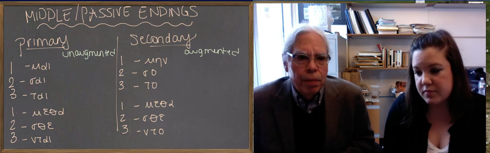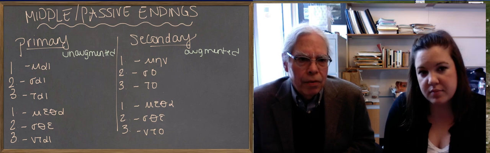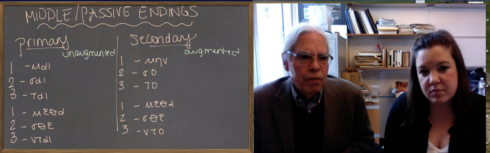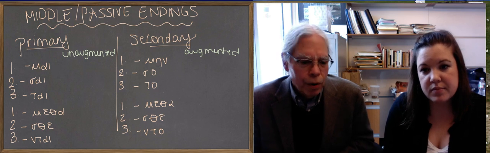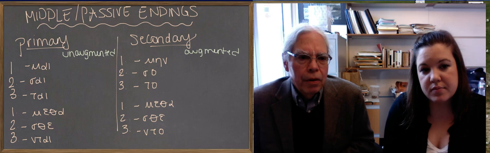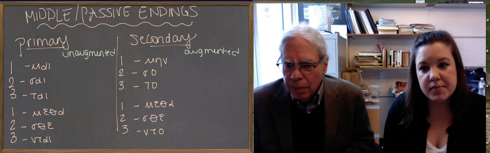And so what we put up on the blackboard is the middle/passive endings, the endings which are the same for both middle and passive. We'll tell you which verbs have these. But you can see that they're divided between what we call primary, the book calls primary, and what we call secondary. The primary endings go for unaugmented verbs, the secondary for augmented verbs.